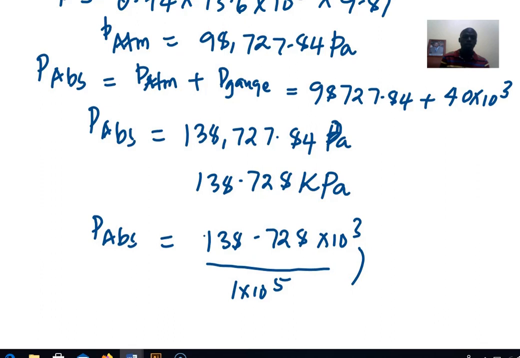The whole figure is in bars. So what will this give us? Dividing by 10 power 5 will automatically give us 1.387 bars.